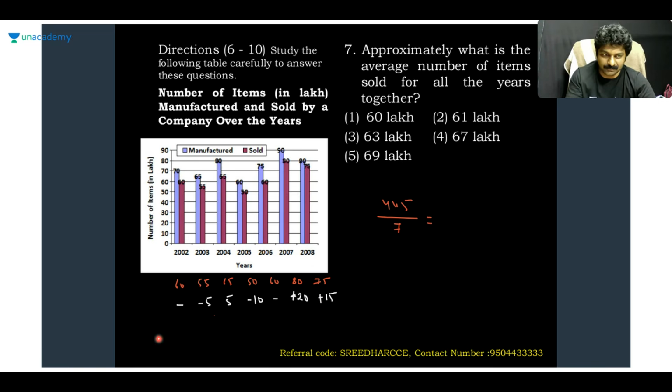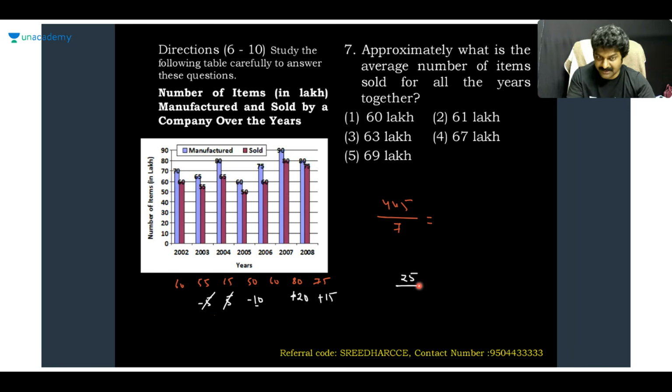Now, while doing this, you need to identify if numbers are less, use minus. If numbers are more, use positive. Plus 5 minus 5 gets cancelled. Minus 10 subtracted from 20, you'll have 10 here. 10 plus 15, 25. Now, after making all the values 60, still you are left with 25.